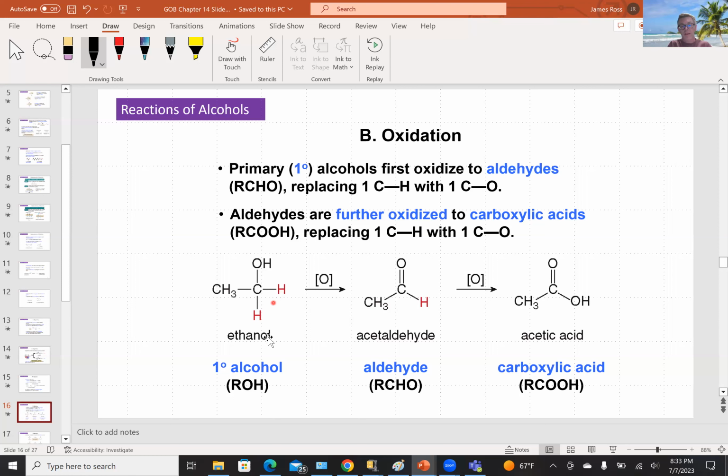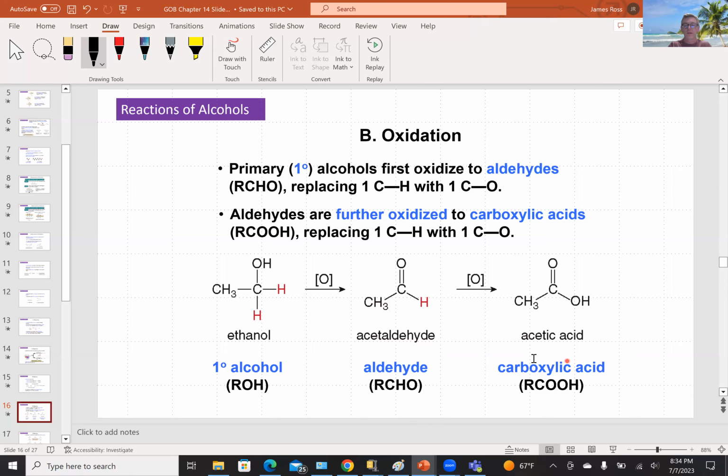Primary alcohols have more extensive chemistry. So this is ethanol, it's a primary alcohol, because the carbon containing the hydroxyl is bonded to one other carbon. We oxidize it not to a ketone this time, but to an aldehyde. So you can see that when we've added the oxygen and lost the water, we're left with a carbon, a methyl, an oxygen, and a hydrogen.